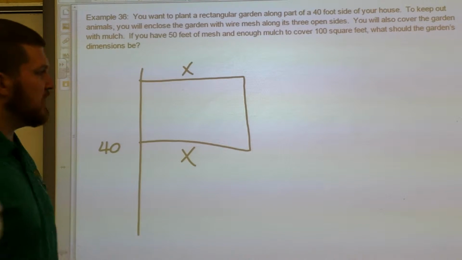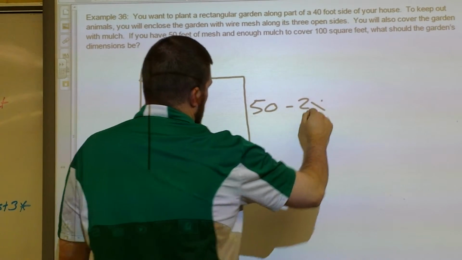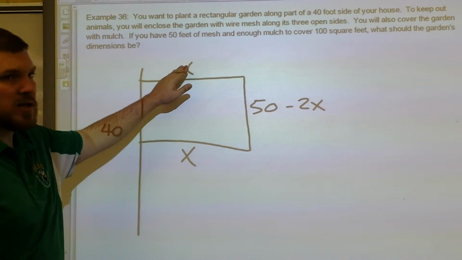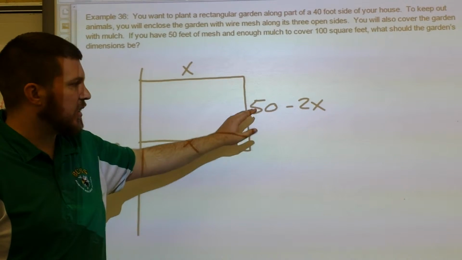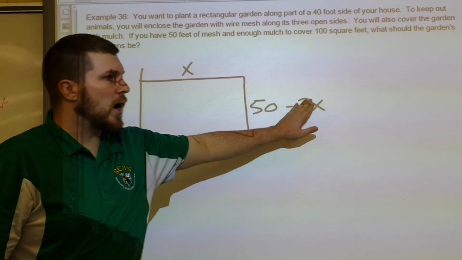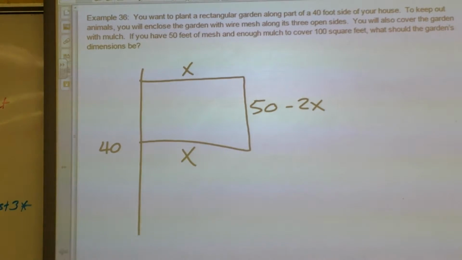And we're using 50 feet of mesh, so we're going to call this 50 minus 2x, because these sides are going to eat up some of our 50. So all that's left for this side is 50 that we started with minus the 2 sides that we already built. Hopefully that makes sense to you.